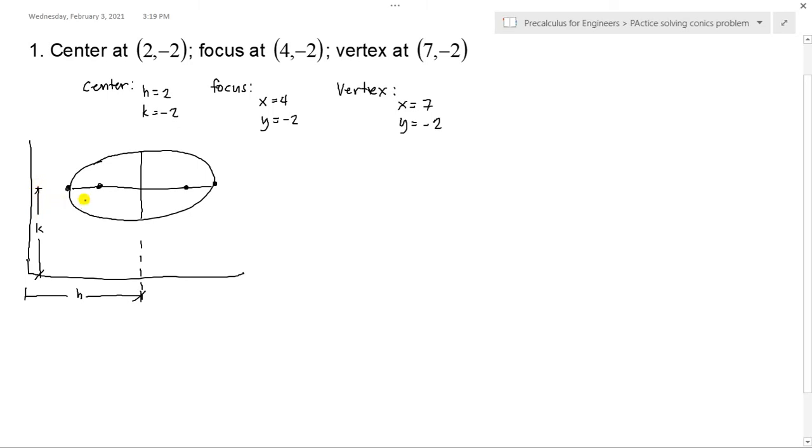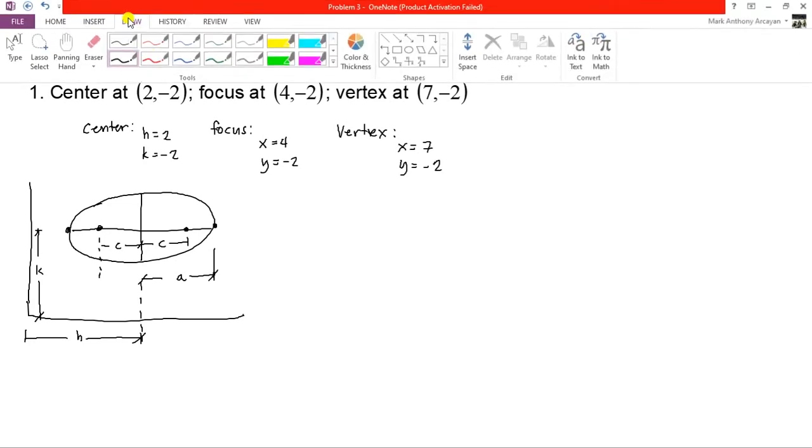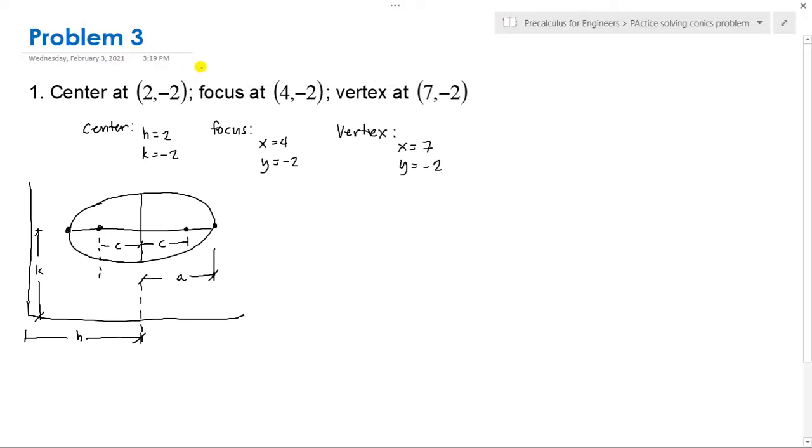So what are the coordinates here? This is c, and also this is c, and we know that this one is a.